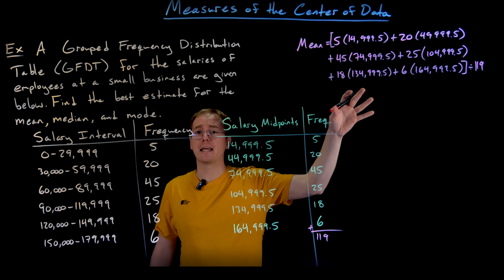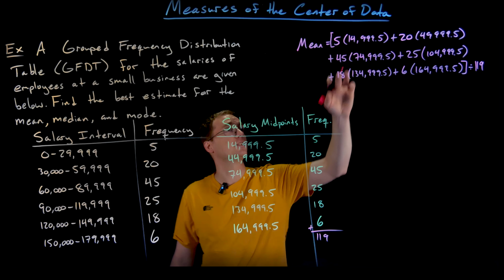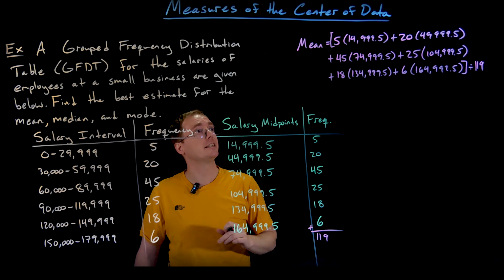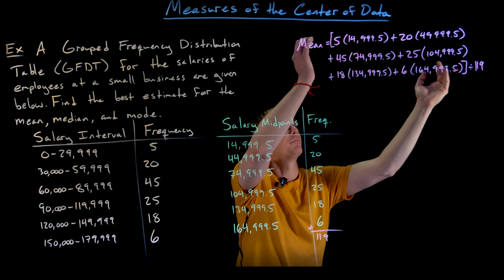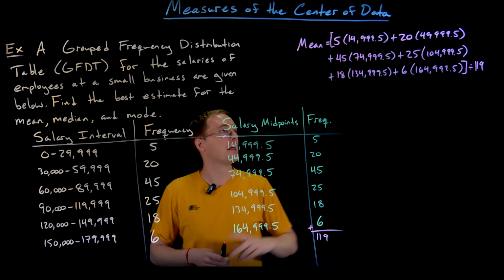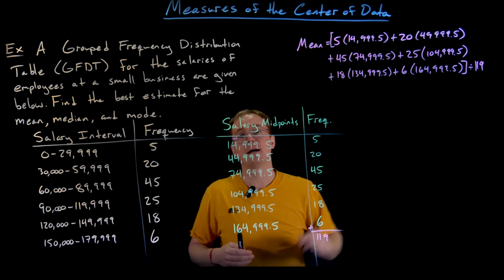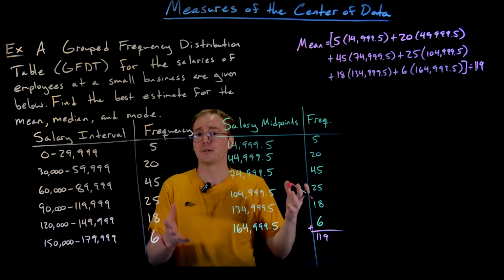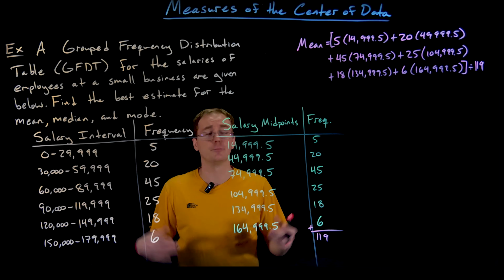So if you're entering this all into your calculator, be very, very careful, right? This is the numerator of our fraction, and then we have to divide that by 119. So make sure you put an extra set of parentheses or brackets around that running sum in our numerator. Otherwise, only that last term will get divided by 119, and that'll mess up our calculation. And hopefully that'll be pretty obvious when you look at the number you're getting. It should look way too big.